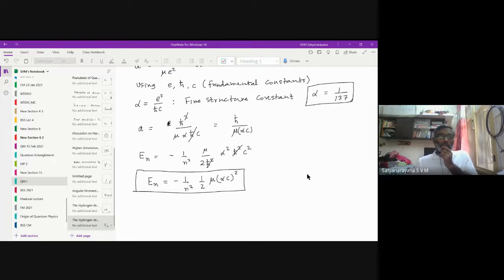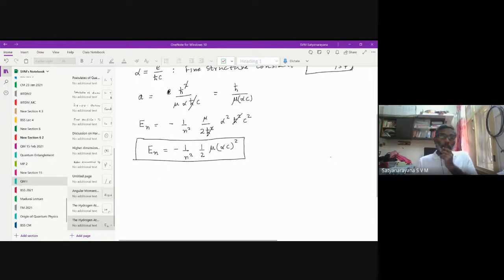So you can see that the velocity of an electron in the hydrogen atom is roughly of the order of alpha times c, that is of the order of c divided by 137, which is kind of 1% of c.